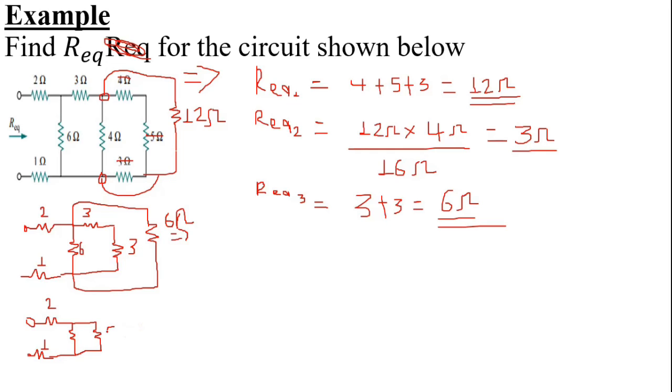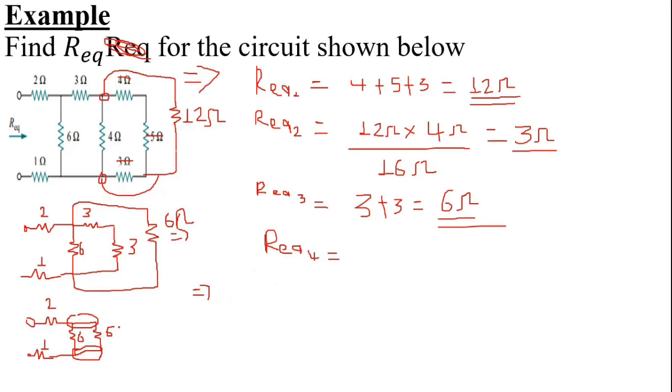So now we have two parallel resistors here, and they share two common nodes. So we can calculate the equivalent resistance for these resistors just by dividing the product of the resistors by their sum.